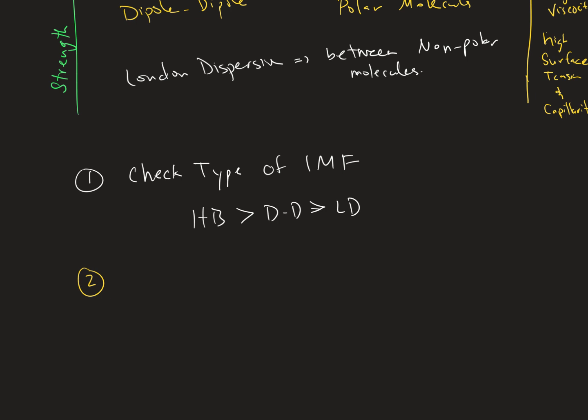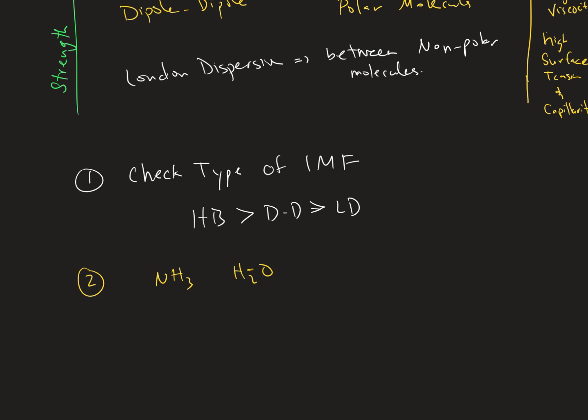in fact, well, let me say this. What about NH3 versus H2O? Which one's greater? You could do it with weight, and it would do the same thing, but the difference in electronegativity between hydrogen and oxygen is higher than nitrogen and hydrogen.